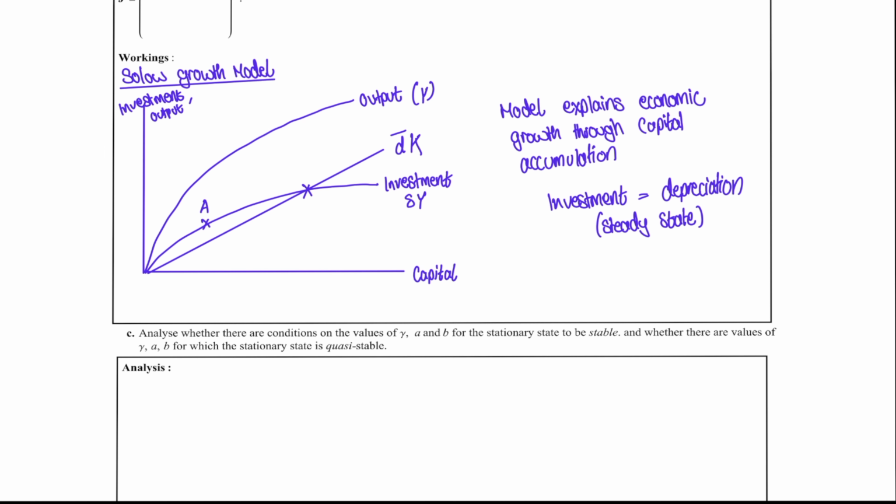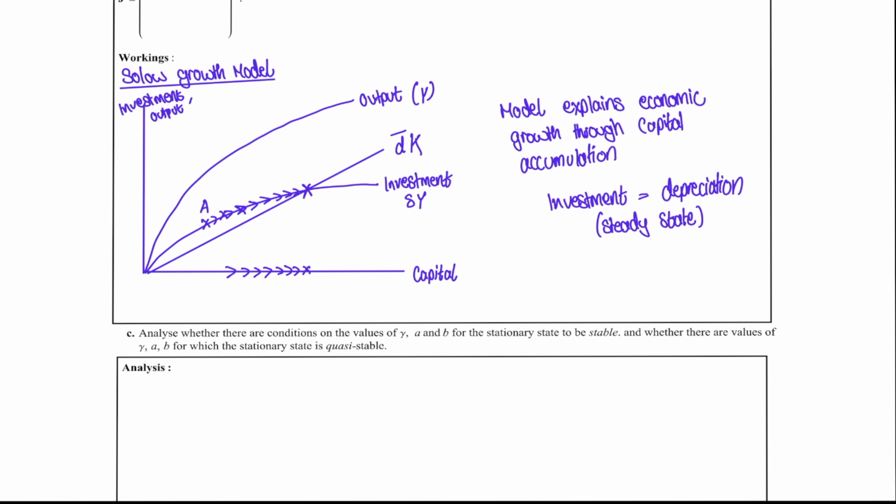As a result, over the years, we will slowly move this way. As more capital is being accumulated, capital is going to increase. And then we will reach this point over here, which is where the level of capital investment is equal to the level of capital depreciation.